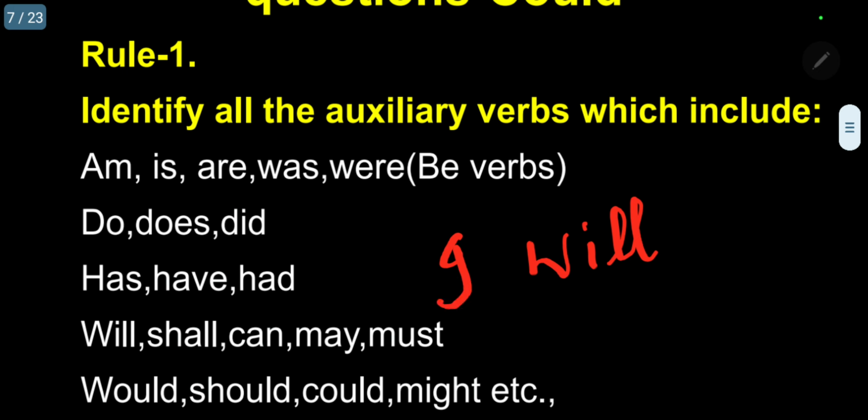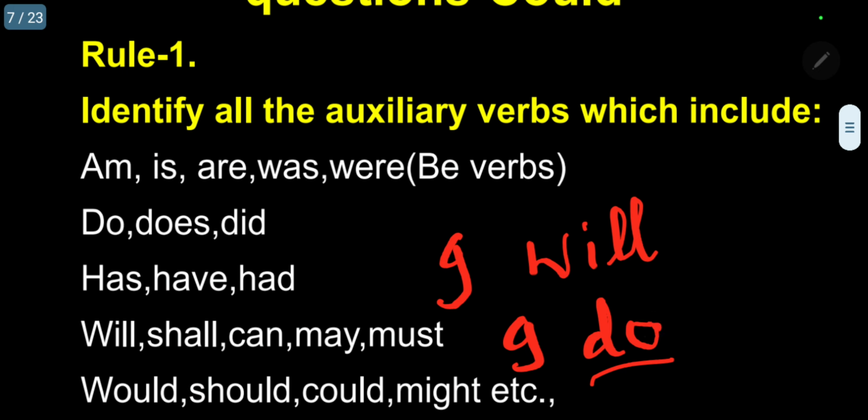If I write I will, the sentence is not completed. But if I write I do, the sentence is completed. I do, I say, I go, I come. That is a primary auxiliary, the verb which is coming as the main verb.